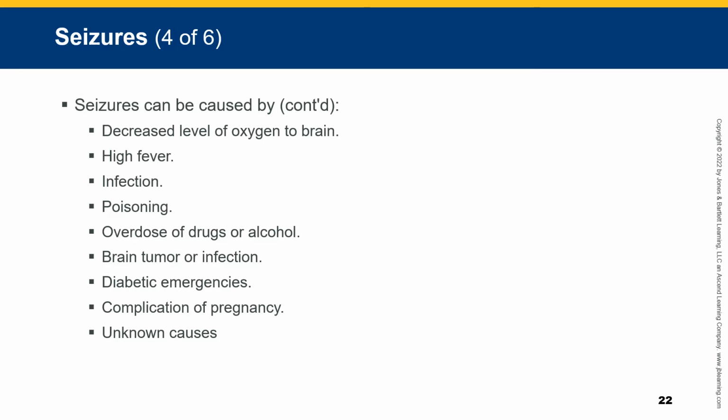Other causes for seizures include high fever, infection, poisoning, an overdose of drugs or alcohol, a brain tumor or an infection, diabetic emergencies, such as one produced by low blood glucose, or seizures can be a complication of pregnancy. And then there are unknown causes. Sometimes people have a seizure and after tests and studies, there is no medical reason that is found for someone to have had a seizure, but it can happen.